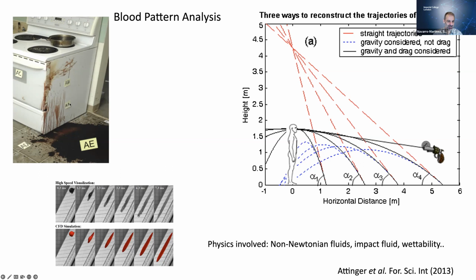Basically, you can see a blood pool on the floor. They say the interpretation is that the victim was stabbed and was lying on the floor, so he bled. Then he got up, and there was some transfer to the kitchen stove. This is the AA mark, these very long lines.